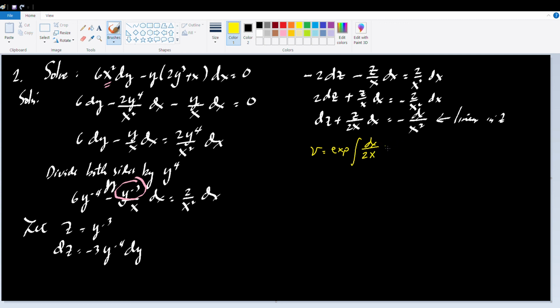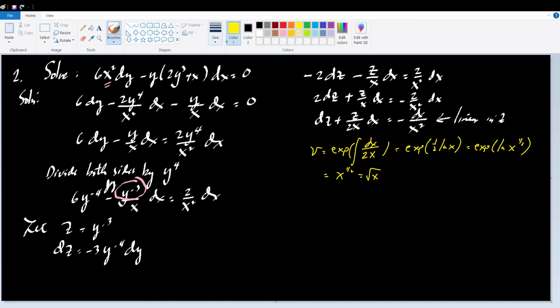Okay, integrating, we have exp 1/2 of ln x, or exp ln x to the 1/2, but the exponential of the natural logarithm of x to the 1/2 is x to the 1/2, or the square root of x.